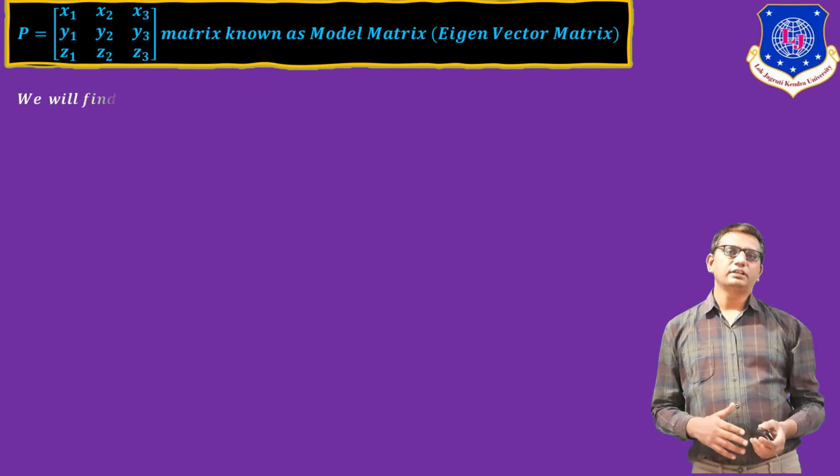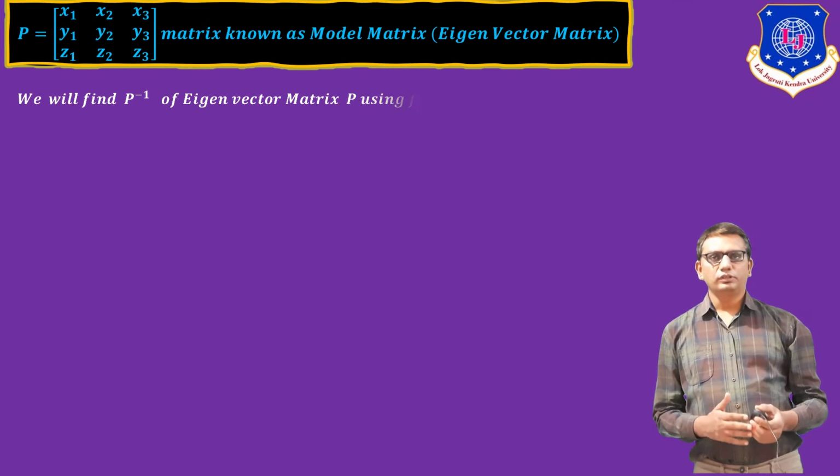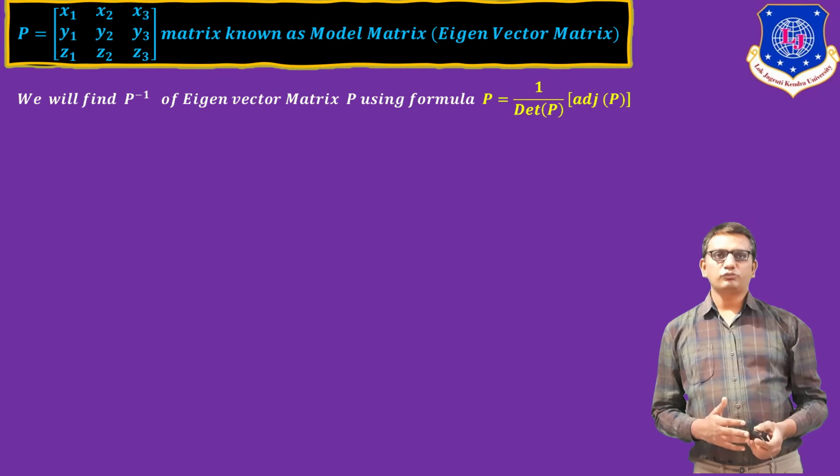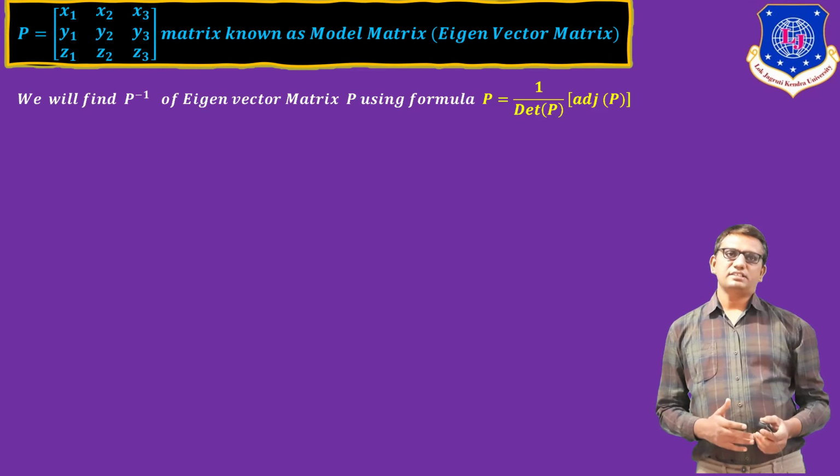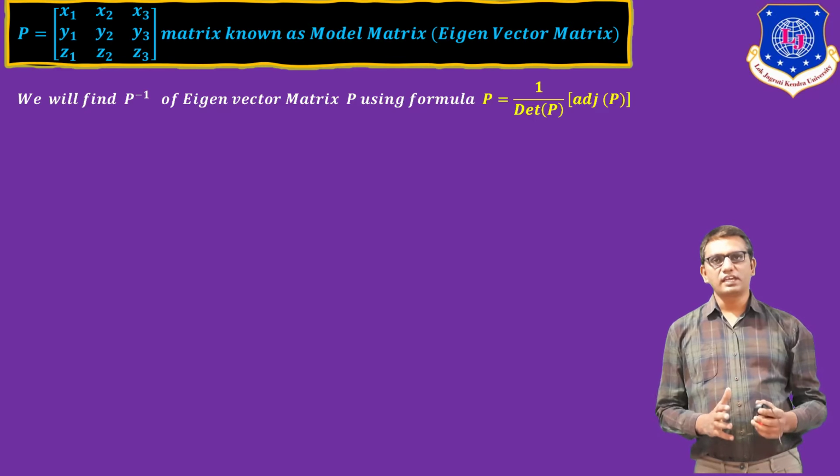Now we will find the inverse of this eigenvector matrix. It always exists because these eigenvectors are linearly independent. In this case, the determinant of P is every time not equal to 0.